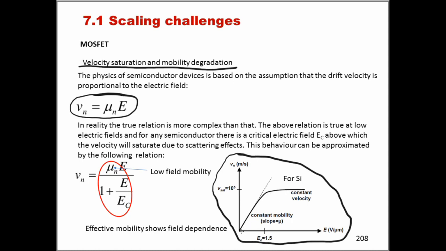So in the low field regime the velocity is proportional to the electric field, and we will call this region the constant mobility region. And this is the one we've been referring to effectively up until now in our long channel devices. But if the electric field is above a certain critical value, that in the case, for example, of silicon is 1.5 volt per micrometer, then the velocity saturates, and so we enter the so-called constant velocity regime.